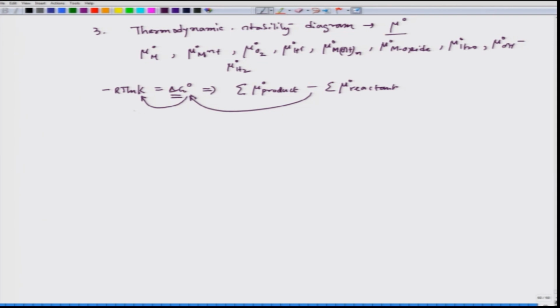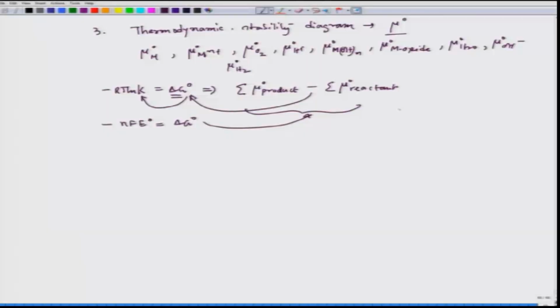And similarly, we have another reaction, nFE0 equal to delta Z0, which is similar to this. We can have the summation of standard chemical potential of all the species that are involved in a reaction, minus the summation of standard chemical potential of reactants in that particular reaction.